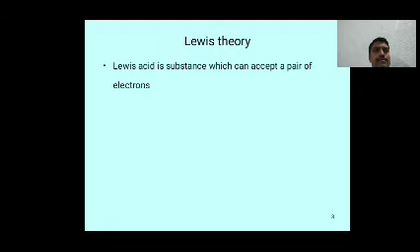Lewis acid is a substance which can accept a pair of electrons.